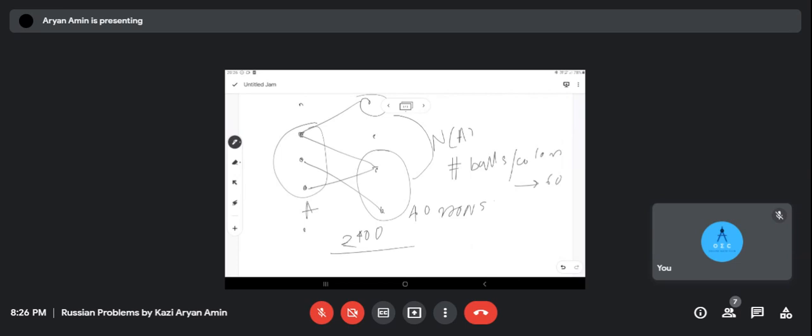What happens now? You know that if the neighborhood of A is less than 40, then on average some color would have more than 60 balls of that same color, which is not possible. So basically, what I'm trying to say is that the number of balls per color is not actually relevant.